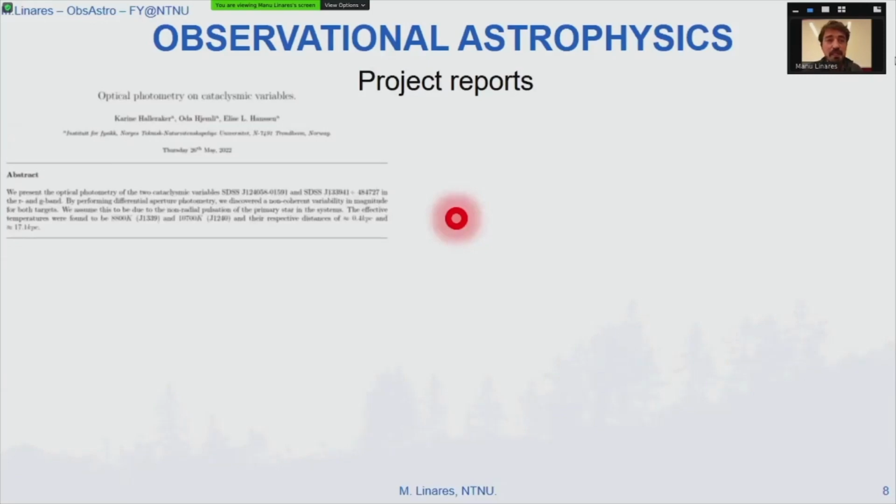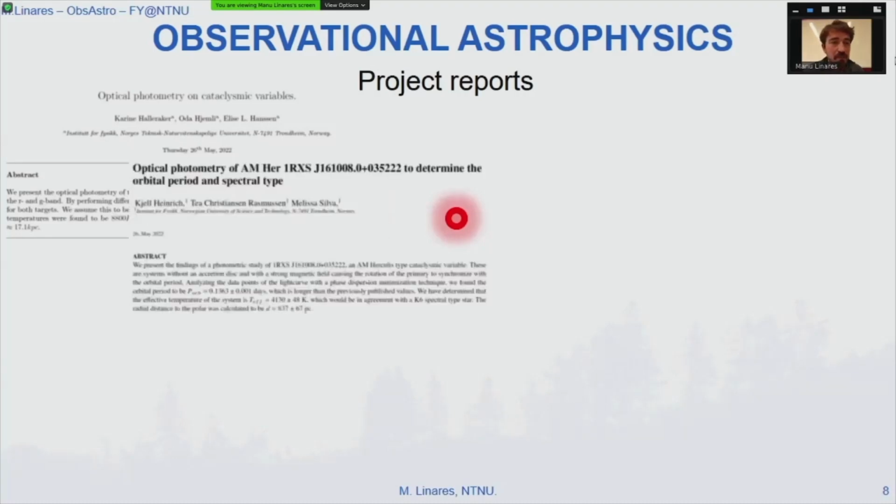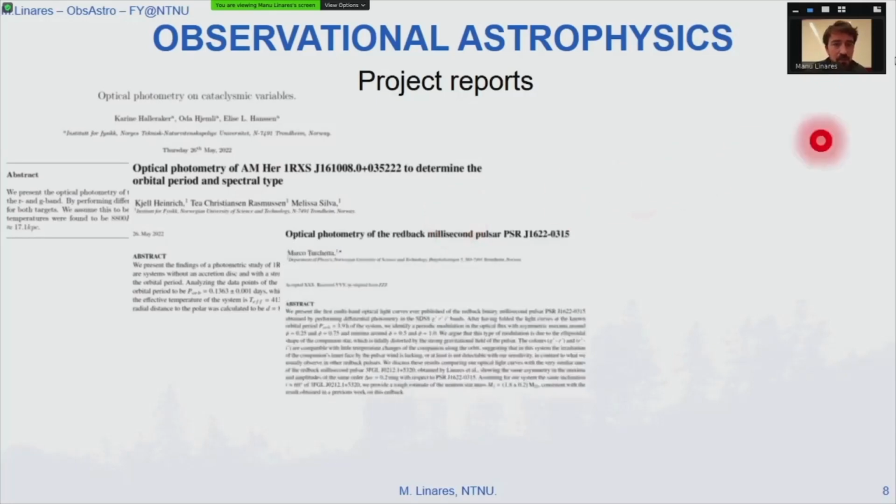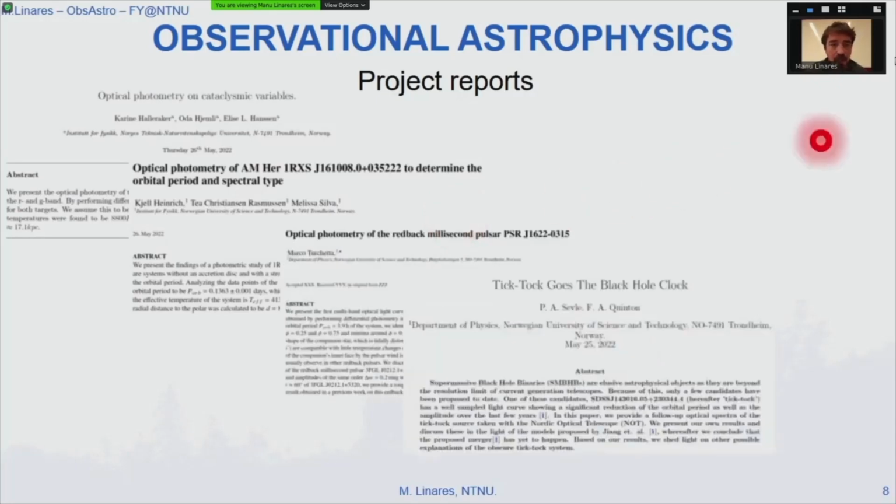So this is a sample, the abstracts and titles of 4 or 5 of the reports: optical photometry of cataclysmic variables, photometry of another cataclysmic variable, a polar I think this is, and then optical photometry of a redback millisecond pulsar, and then "Tick-tock goes the black hole clock."